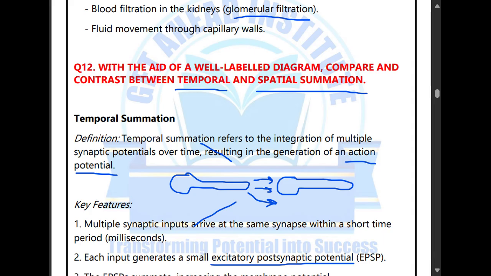So the whole idea is that even as you draw these, you must be able to explain and understand what is happening. It may seem like a very long question, but it's very brief. But I did that in order for you to have a clear and proper understanding of everything. Are we together?